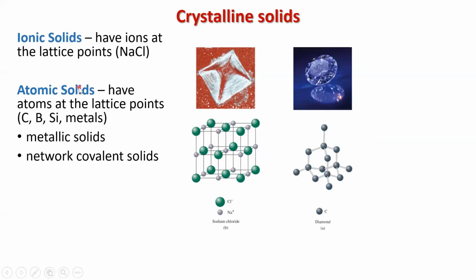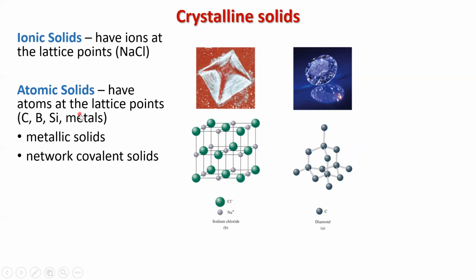Atomic solids are a type of crystalline solid that have atoms at their lattice points. So carbon or boron or silicon at these lattice points would be an atomic solid. Having carbon could mean we're looking at diamonds.